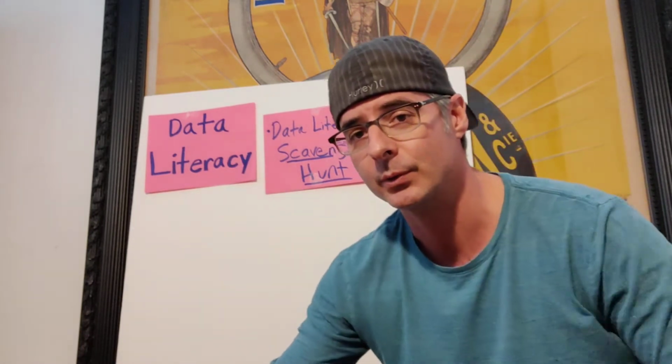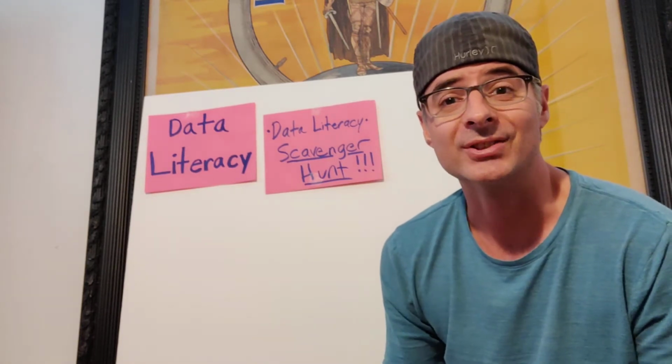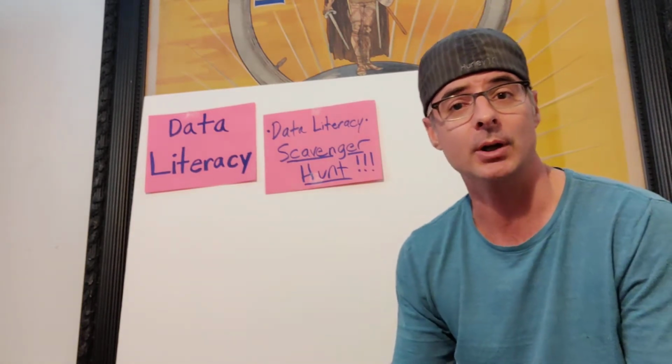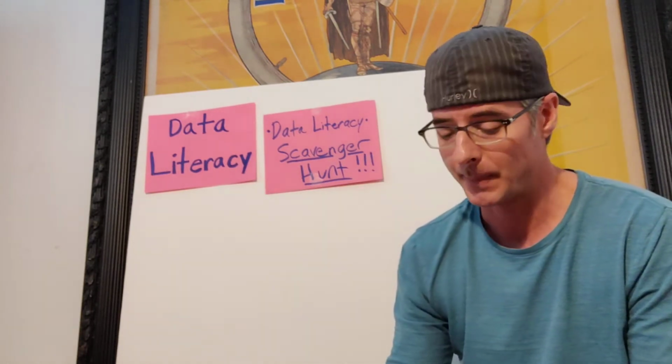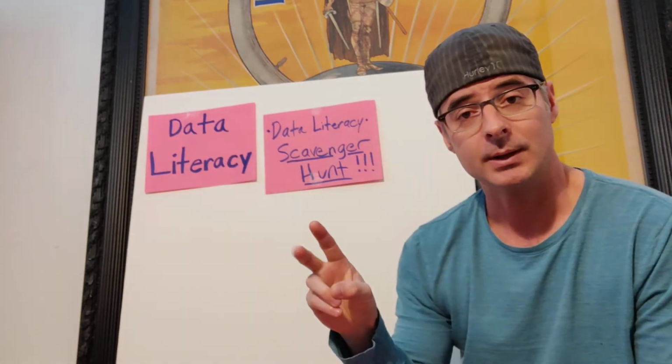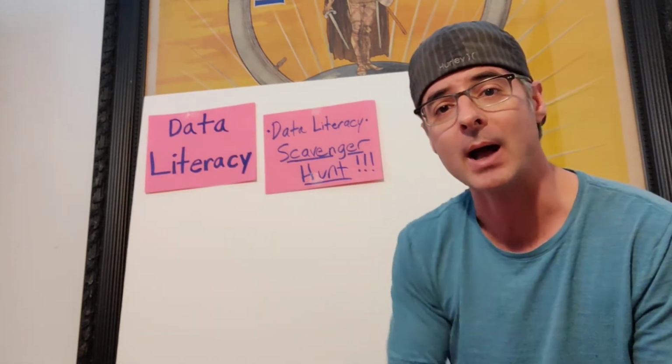There's only 2 rules to this scavenger hunt. First rule, you have to stay in your house. The scavenger hunt is going to take place in your house. Second rule is that you need to use items that are found in your house.